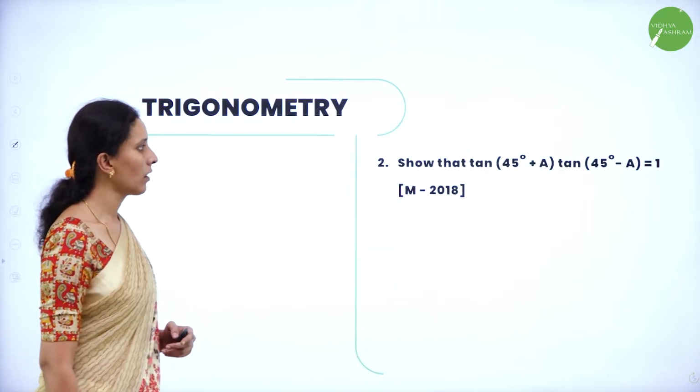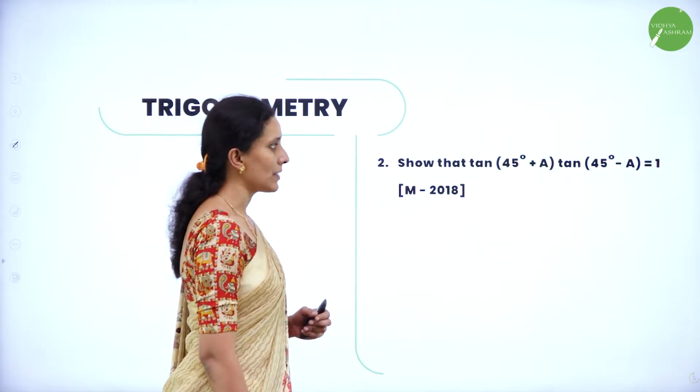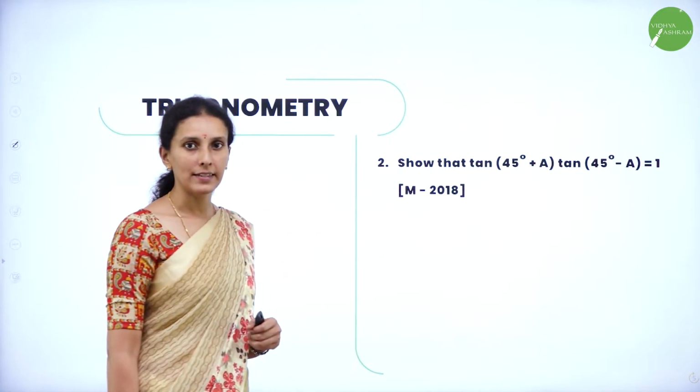Next one, show that tan 45 plus A, tan 45 minus A is equal to 1.